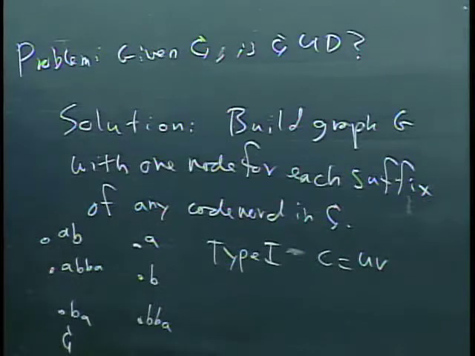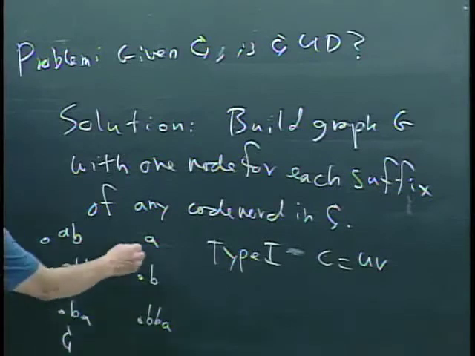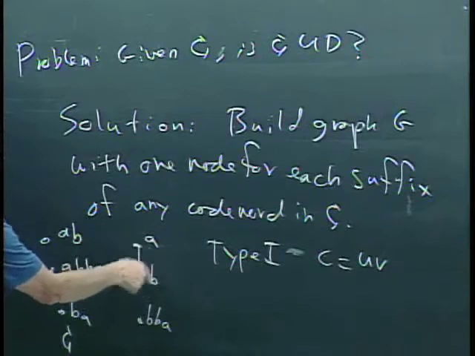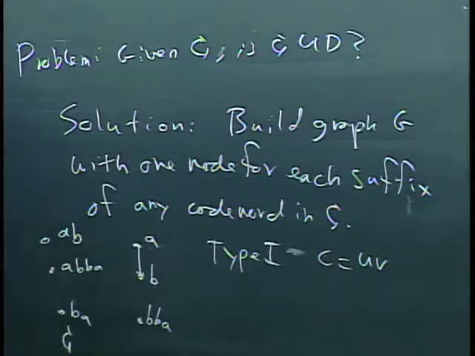A code word which is equal to UV, and yeah, of course, from A to B, this is U, this is V, AB is a code word, and that's fine. And AB goes to BA because ABBA is a code word. So here's another one, and there could be more.